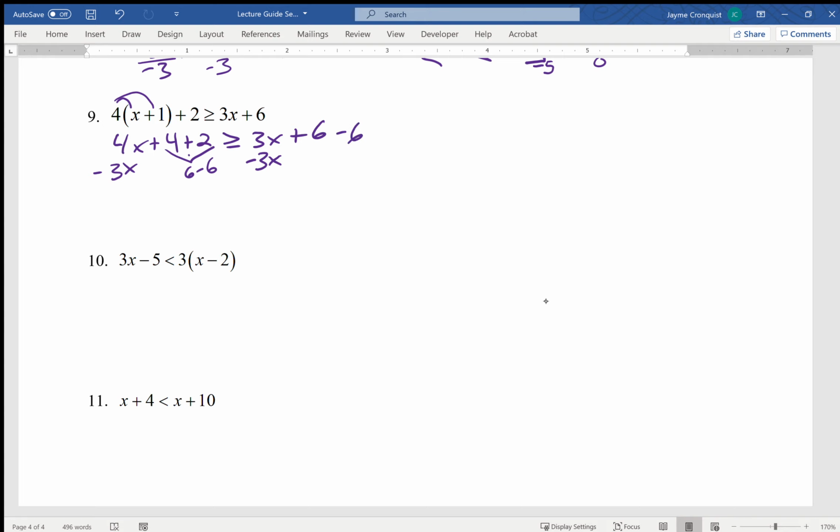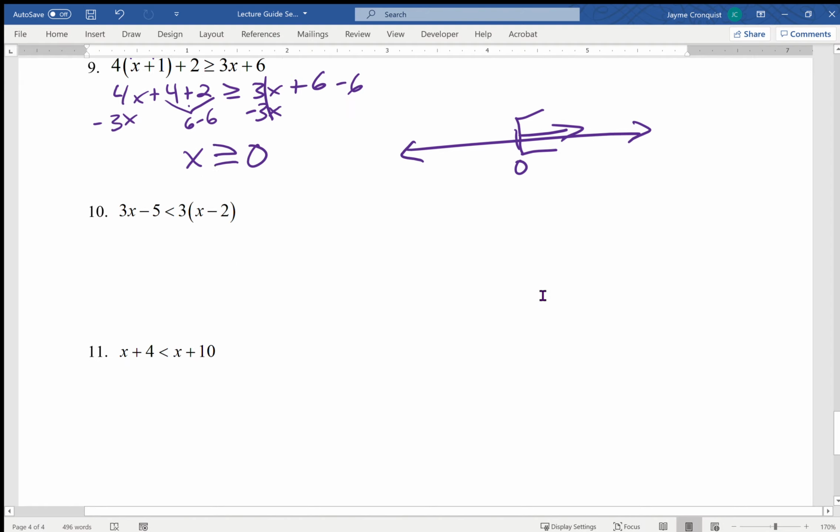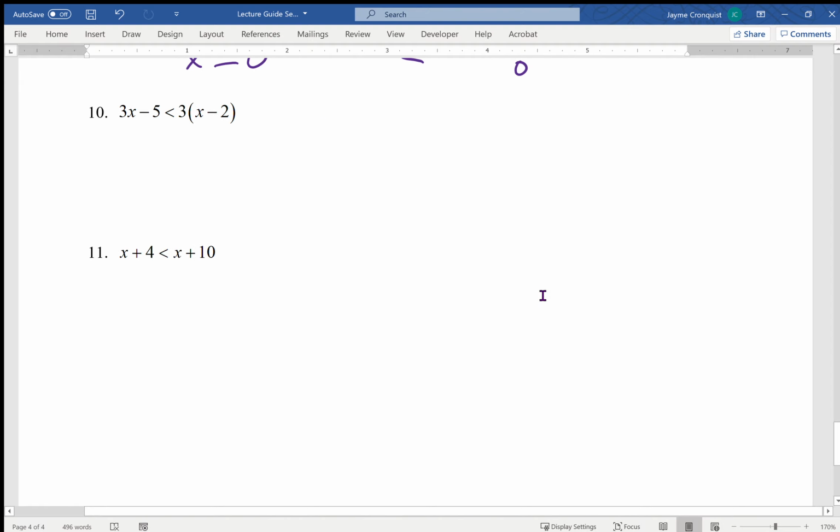So I get 4x minus 3x is x, and 6 minus 6 is 0. So that's still a perfectly good inequality. So we have 0, x is greater than or equal to, so we put a square bracket, and there we go. Pretty straightforward.